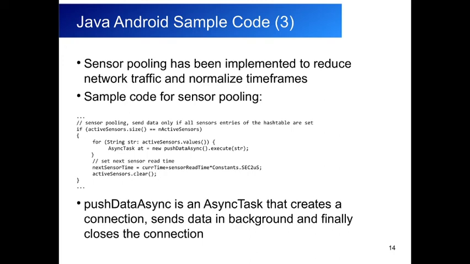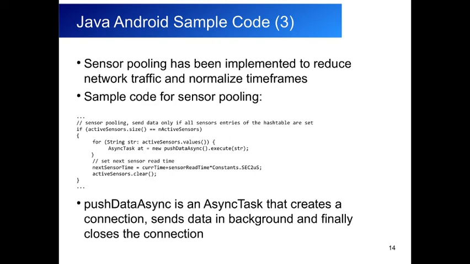Push data async is an asynchronous task that is created to establish a connection and send data in the background, and then finally close the connection. So any time we need to connect to the server for sending some data, a new thread is opened, and this thread performs the operation and closes down, shuts down, removing useless memory and storage, without keeping the connection active all the time.